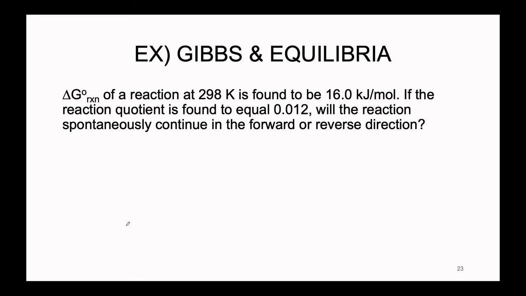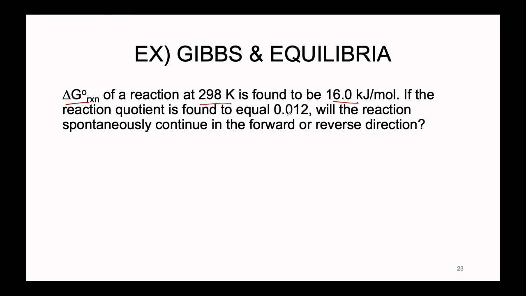All right, so let's look at an example calculation here. We have some information that has been provided to us, like our delta G naught, our standard delta G of reaction at 298 Kelvin, which is found to be 16 kilojoules per mole. It doesn't necessarily matter what the reaction is, but we know what its Gibbs free energy is equal to.